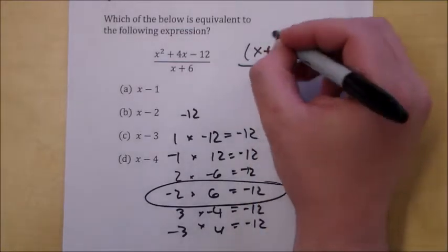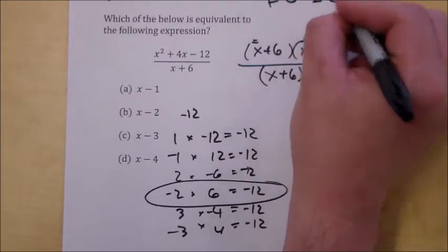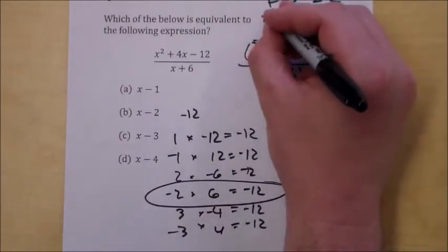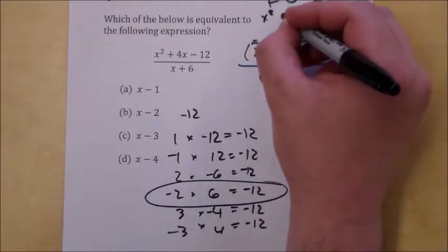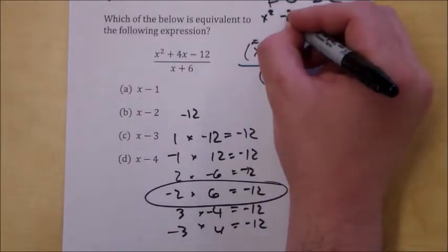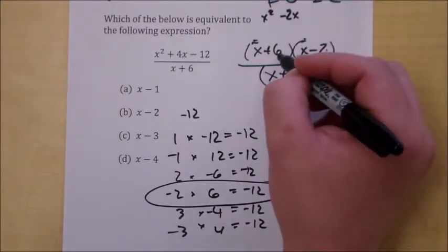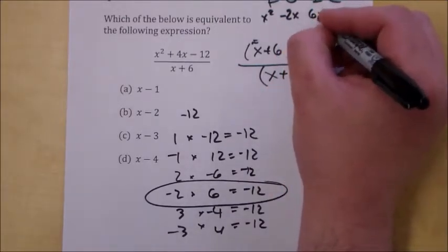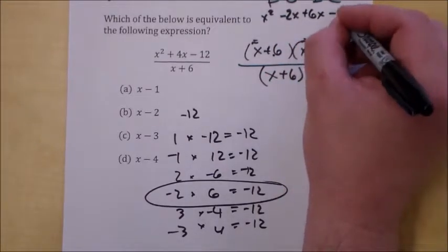because first, x times x, remember, let's do FOIL again. Your firsts are x times x, which is x squared. Your outers are x times negative 2, which is negative 2x. Your inner is 6 times x, which is positive 6x. And your last is 6 times negative 2, which is minus 12.